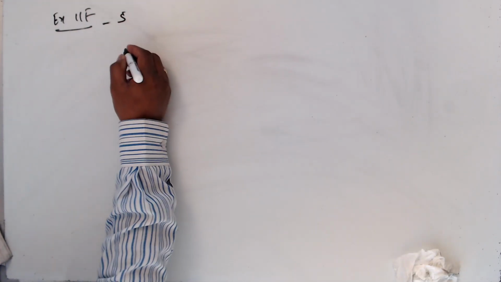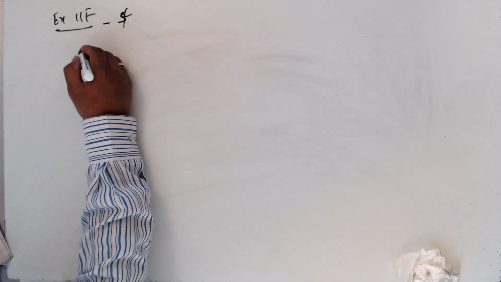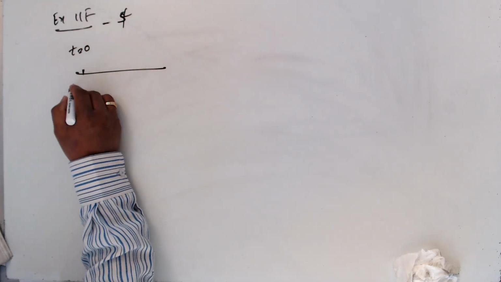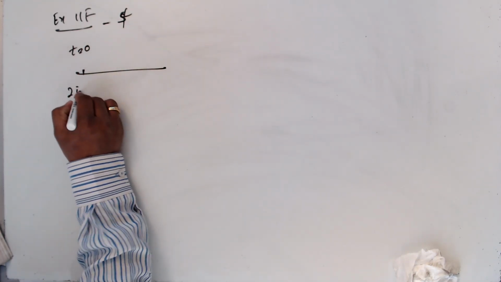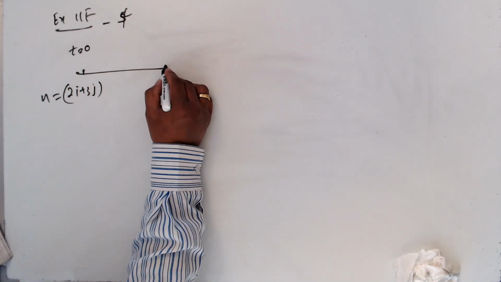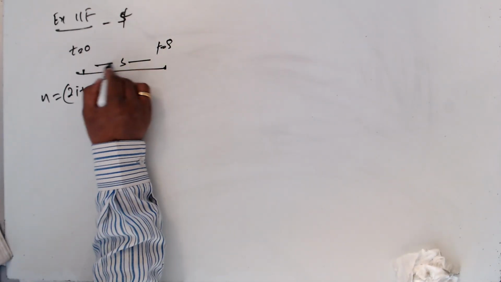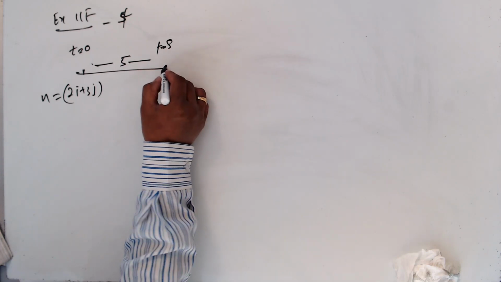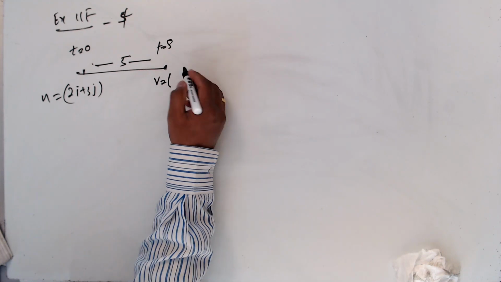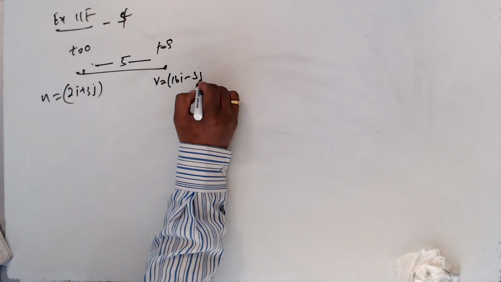Question number 4. I can see t equals 0 when the starting point is 2i plus 3j, that is u, and after 5 seconds, t equals 5. So 5 seconds he travels, and then he gets a different velocity, 16i minus 5j.